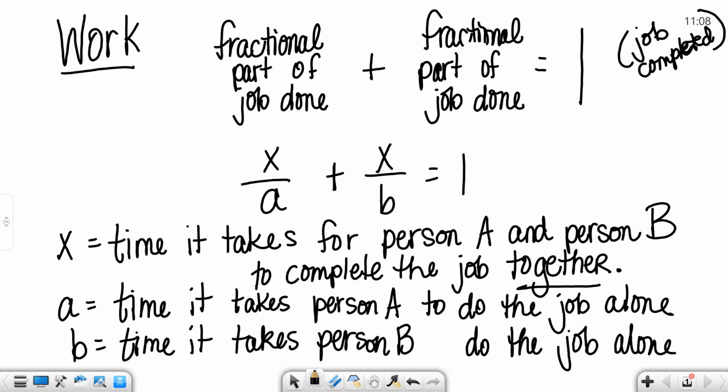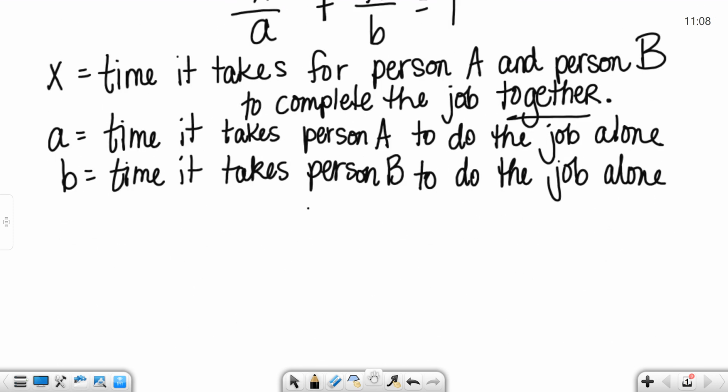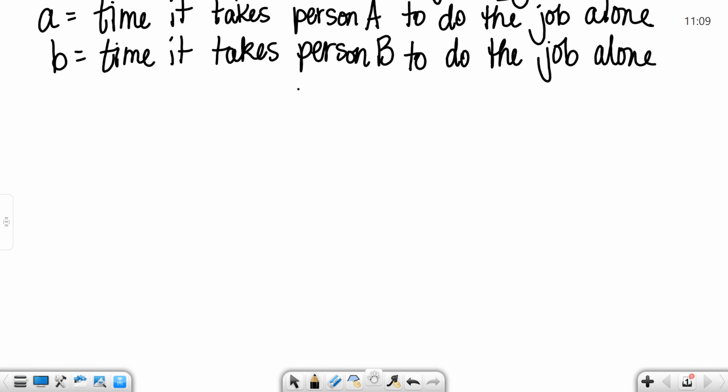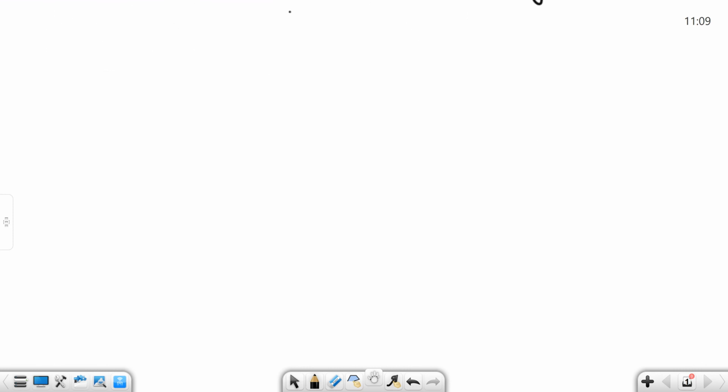So we've got X, that's how long it takes them to work together. We've got A, that's how long person A takes to do the job, and then we've got B, that's how long it takes person B to do the job alone. All right, so let's try one of these. Let me give you a problem so we can try to use that. That's always your work formula, and you just have to decide what goes where.